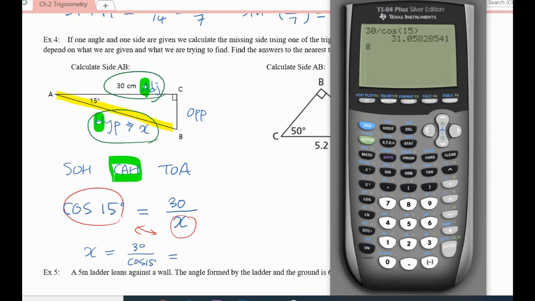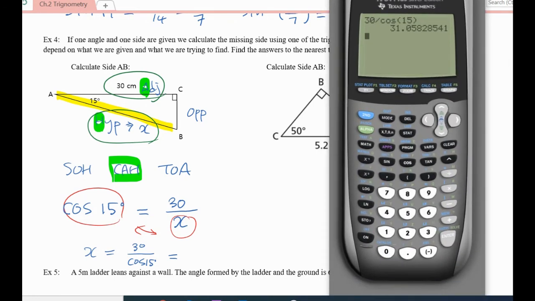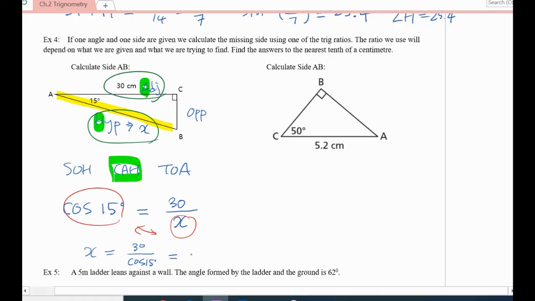And you get 31.05. Here it says nearest tenth of a centimeter, so we're going to keep one decimal, so 31.1. So it's about 31.1 centimeters. This is how you find one of the sides.